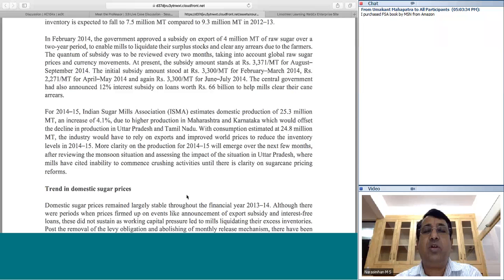Because in a country like India, the sugar cane prices are fixed by the government. The state government fixes what we call the minimum support price for most agricultural products, to ensure that the farmers get a decent return on the product which they are growing. So the sugar cane prices are not adjusting to the sugar price.